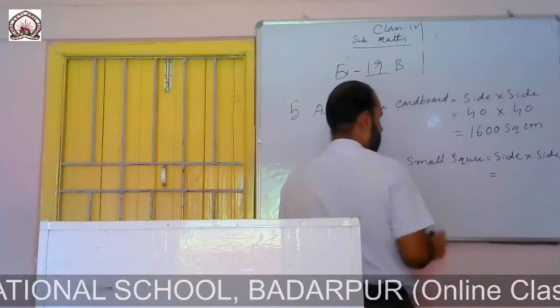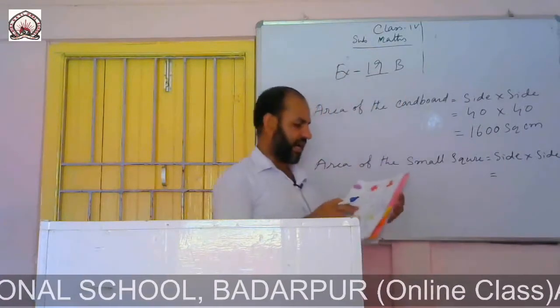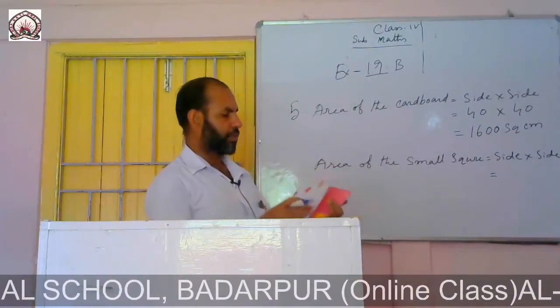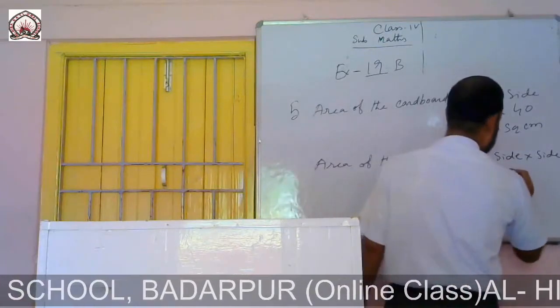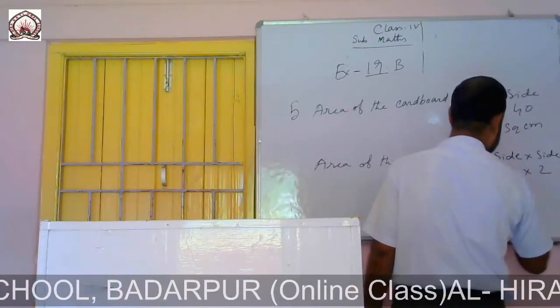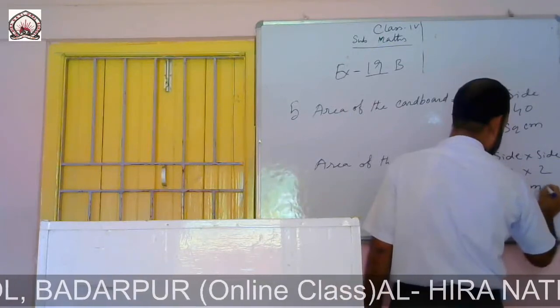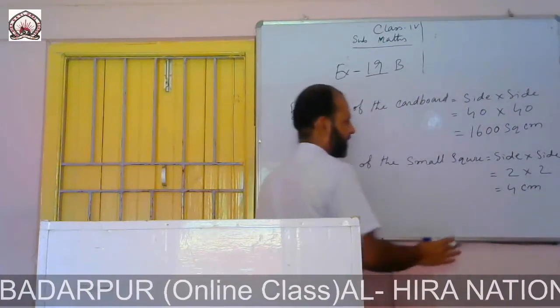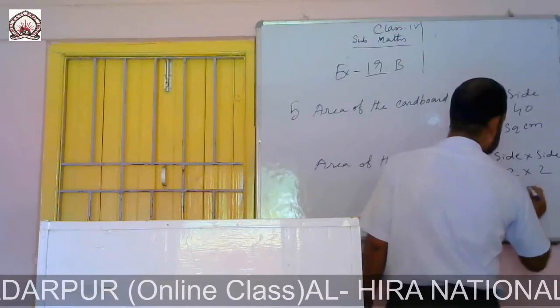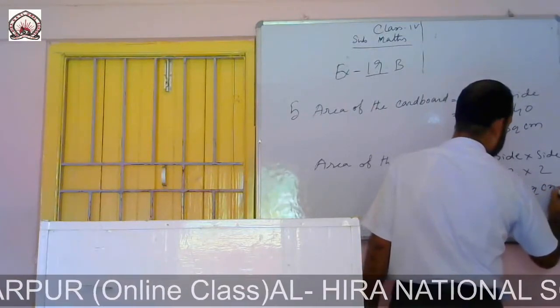The small square side equal to what? 2 centimeter. 2 into 2 equal to 4 square centimeter.